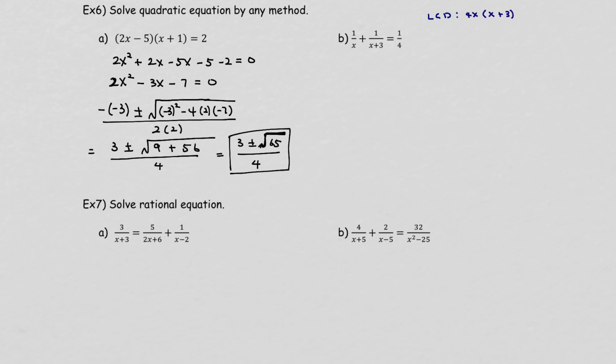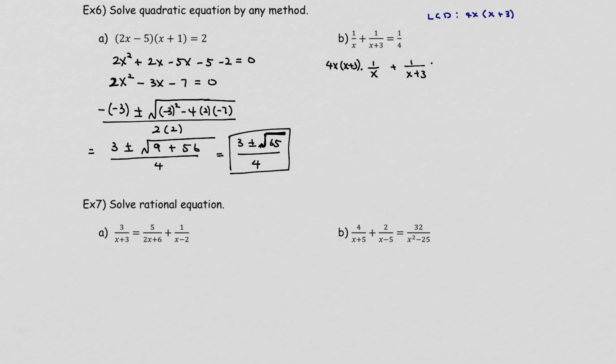If I multiply this to all the fractions, I will get rid of all the denominators. So I'm going to write that down. So for 1 over x, I'm going to multiply by 4x times x plus 3 plus 1 over x plus 3.